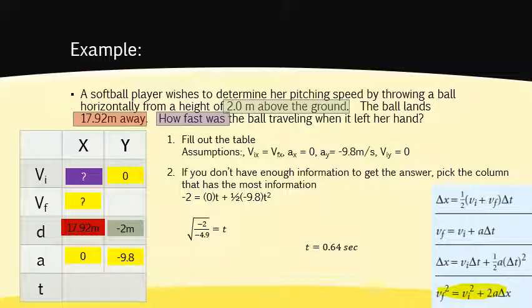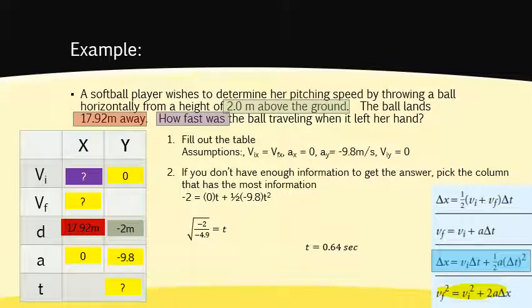But if I try to use that, acceleration is 0, so I get vf squared equals vi squared, and that doesn't bring me anywhere because they're both the same thing. So that means I have to get t in the y direction in order to get the information I need in the x direction.